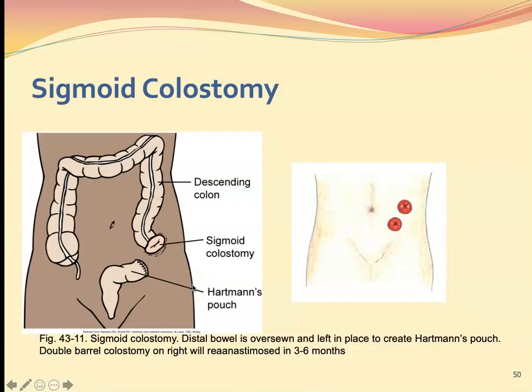Sigmoid colostomy. So the distal bowel is oversewn and left in place to create Hartmann's pouch, which is that. And then double barrel colostomy, right wall reanastomosed in 3 to 6 months.